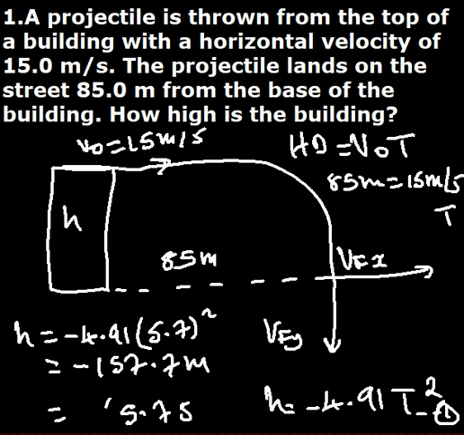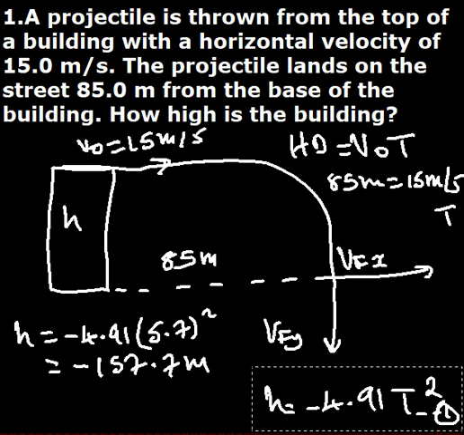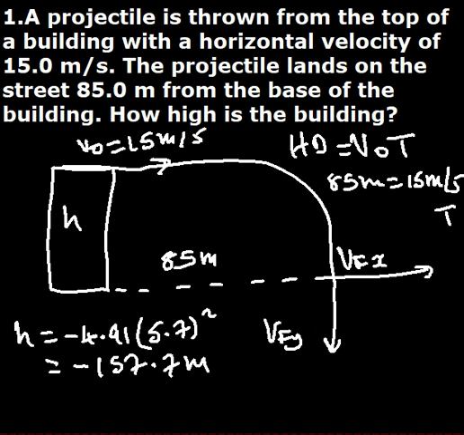That is the height of the building. And why negative? Because that's the displacement. In projectile motion, the displacement is the negative of the height of the building. That's how you should understand this part of the question.